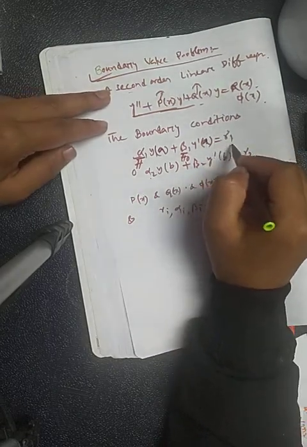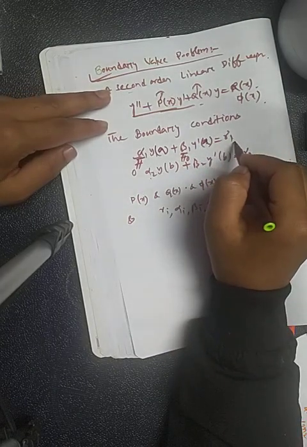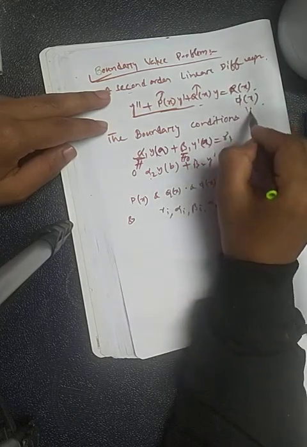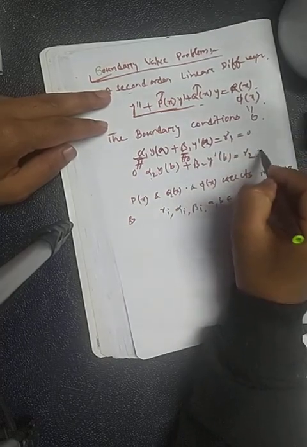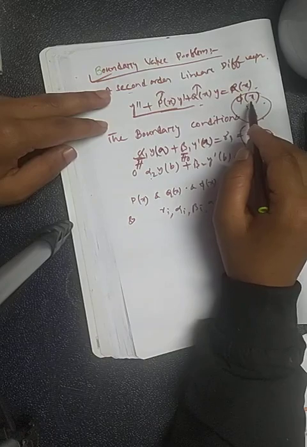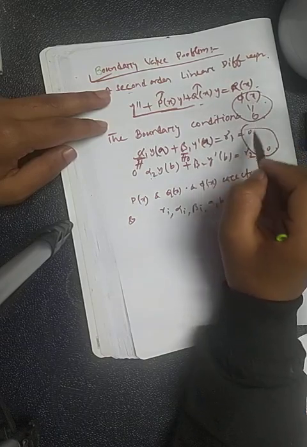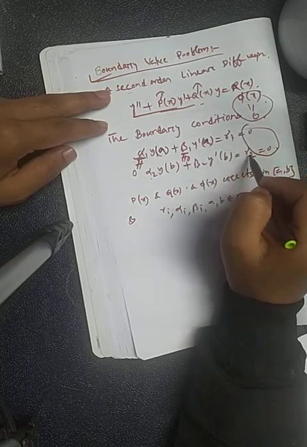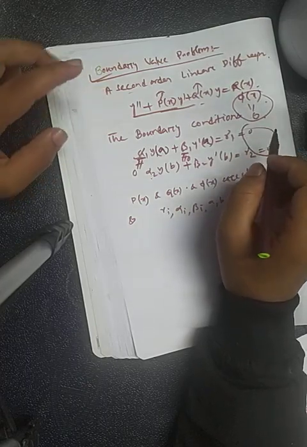Similarly, the boundary value problem is homogeneous if both the differential equation and the boundary conditions are homogeneous. That means phi(x) should be 0 and gamma 1 and gamma 2 are 0, then we'll say this is the homogeneous condition. If only one of these is 0, then we cannot say it is homogeneous. All of them must be 0 so that we can say it is homogeneous.